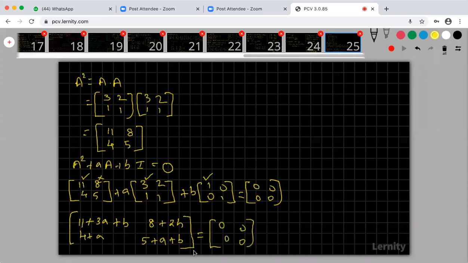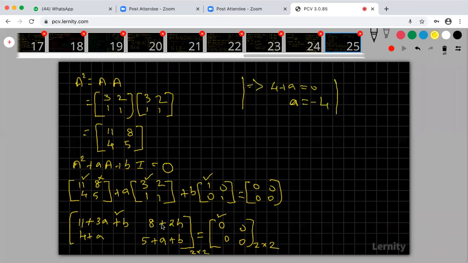The left hand side is a 2 cross 2 matrix and the right hand side is also a 2 cross 2 matrix. If two matrices are equal, then the corresponding elements are equal. So I am going to compare these two elements. 4 plus a is equal to 0, which implies a is equal to minus 4.